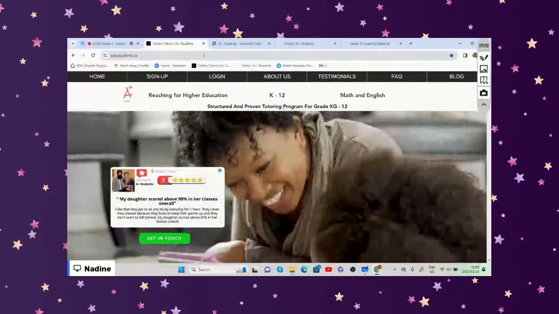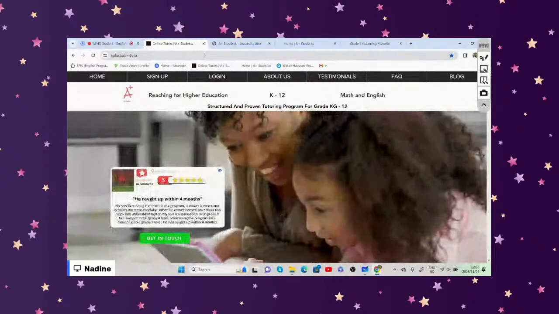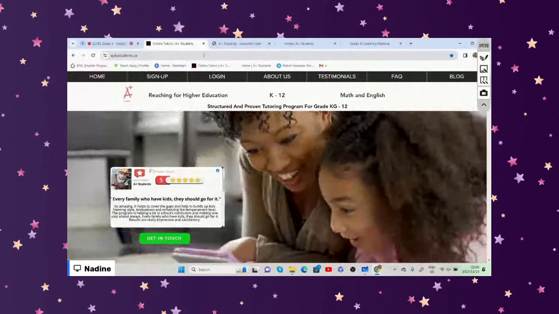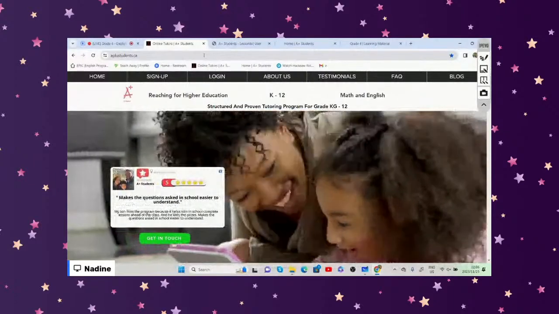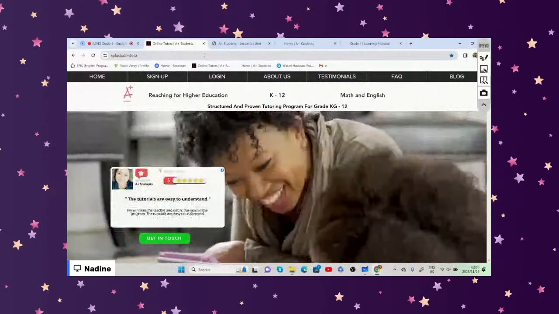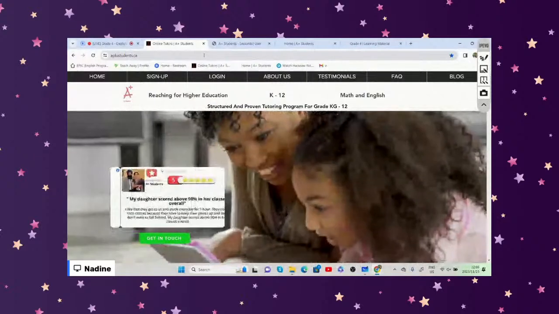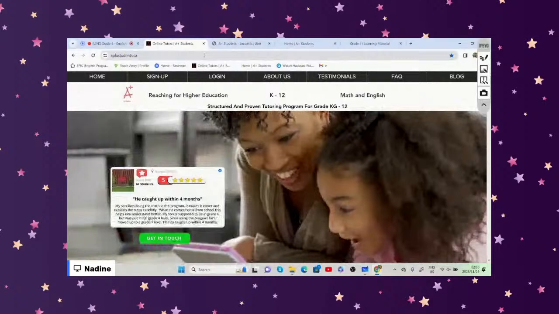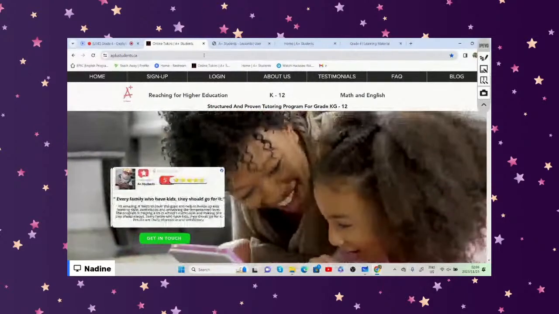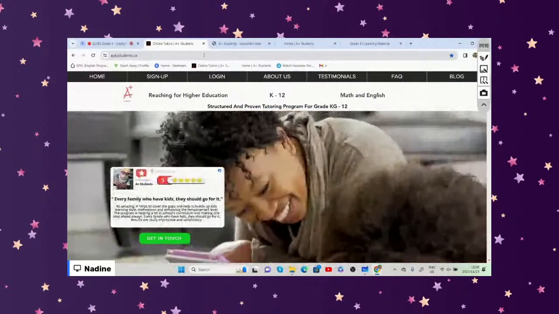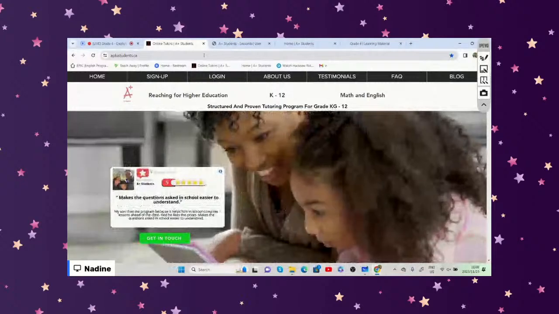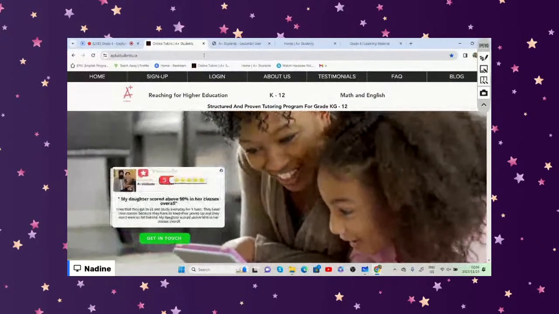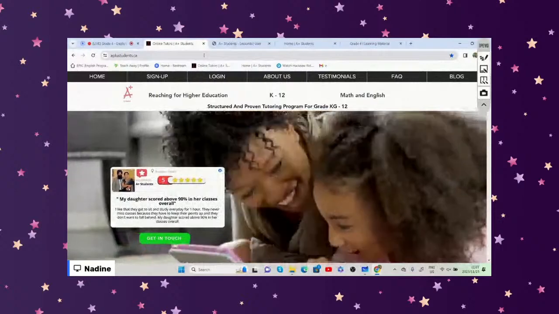And once we've logged in, we're going to select the subject of language arts, and then grade 4. And then we're going to scroll down until we get to the chapter of adjectives.